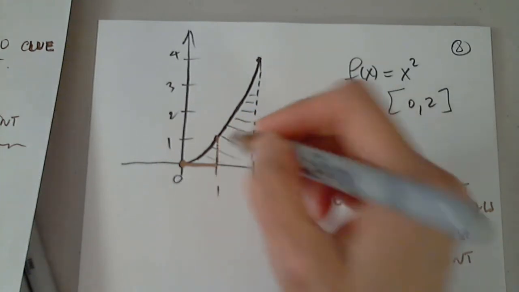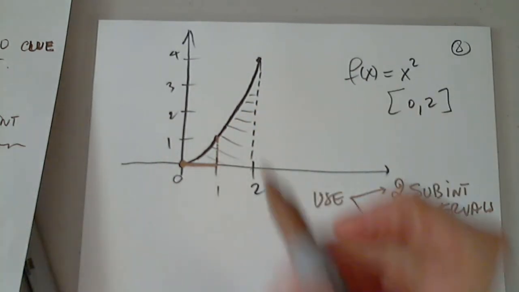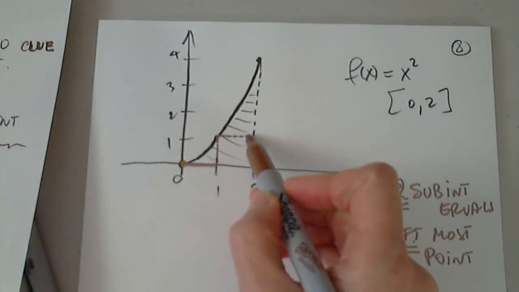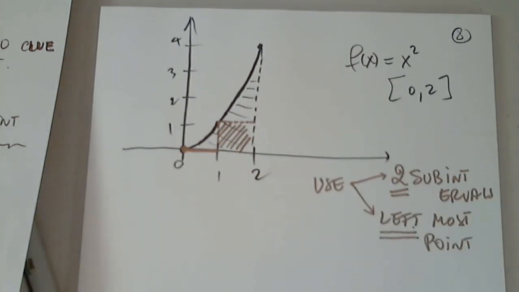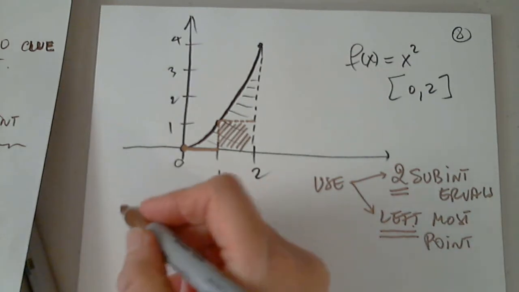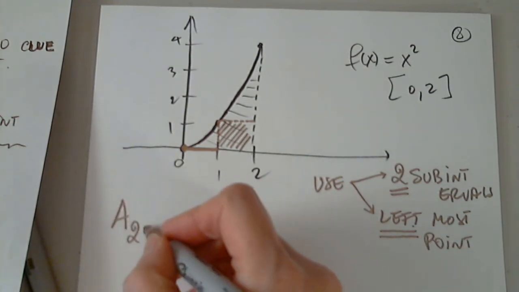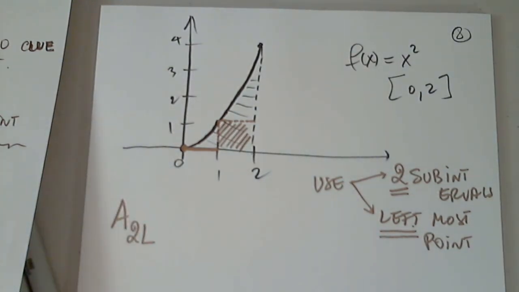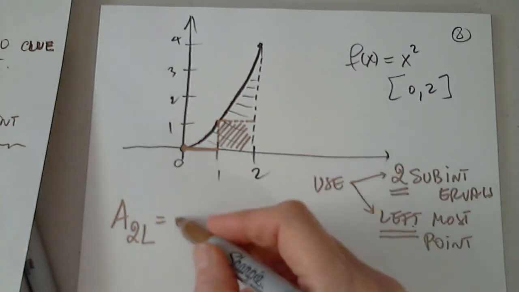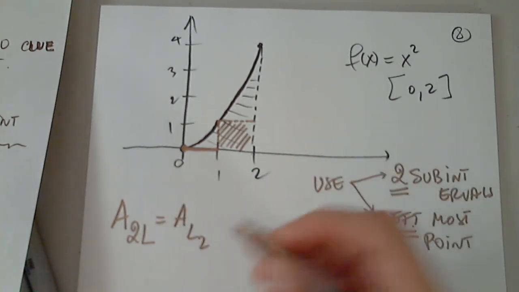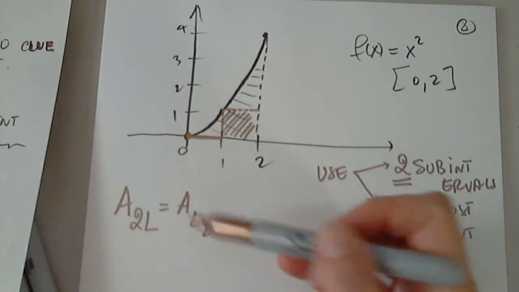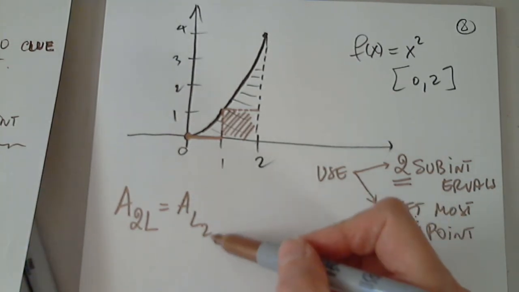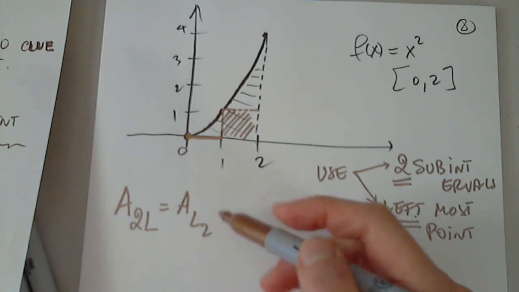This is the height because I'm using the leftmost point. And this is the area of the second subinterval. So the area with 2 left, or you can invent, area left 2, whatever you want to write it. It means the area calculated with the leftmost point with 2 subintervals.